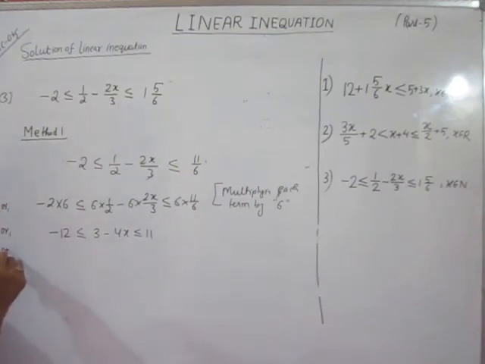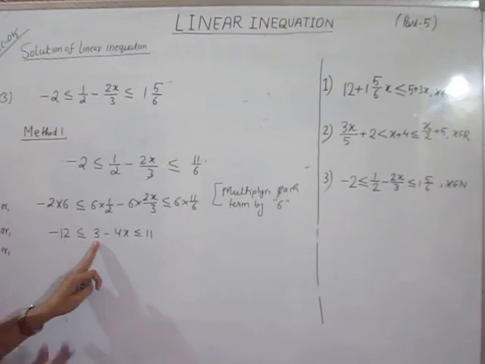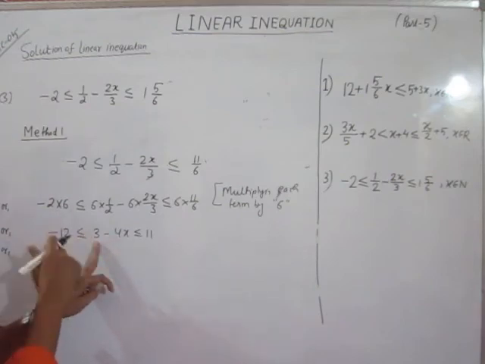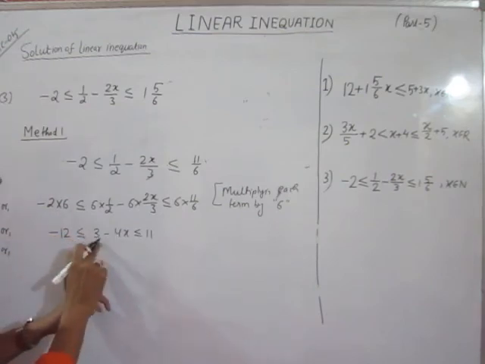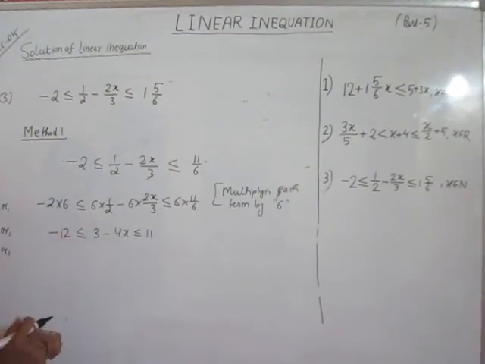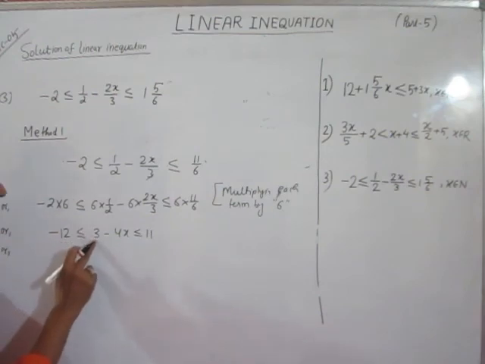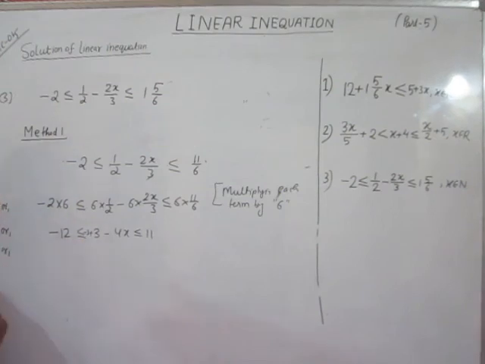Now we have to remove this 3 from here. One by one we will shift all the numbers from this linear expression. So first we will shift this 3. For removing this 3, I will subtract 3. If I subtract 3, this 3 will be cancelled.